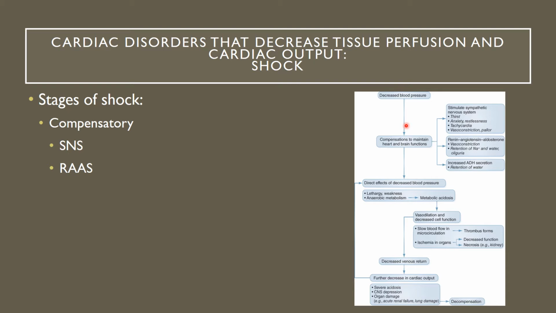Another mechanism could be the renin-angiotensin-aldosterone system, so the RAAS, and so angiotensin 2 is formed from the decreased perfusion of the kidneys, and so this angiotensin 2 that is formed induces vasoconstriction, which will drive up blood pressure in the intermediate time, but it isn't a good long-term mechanism.